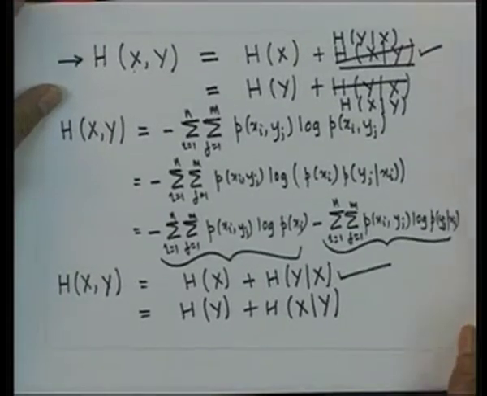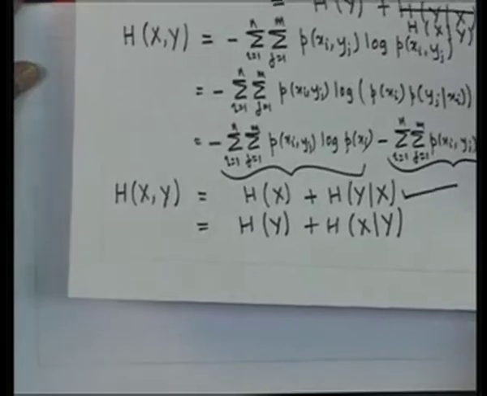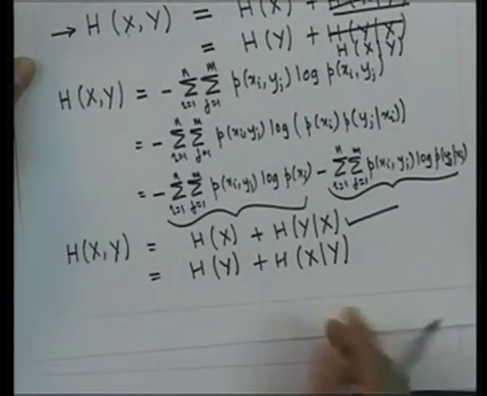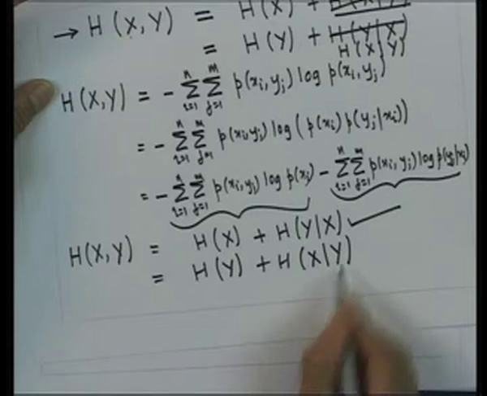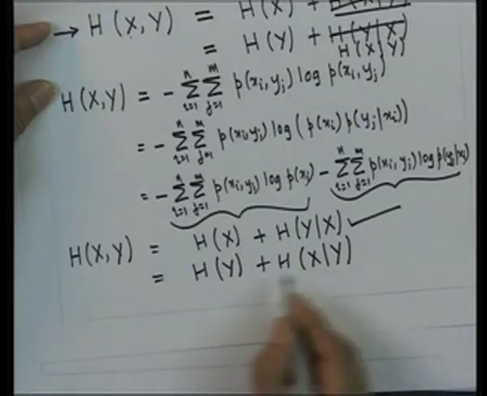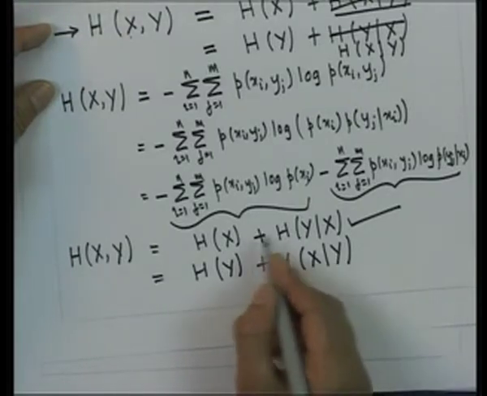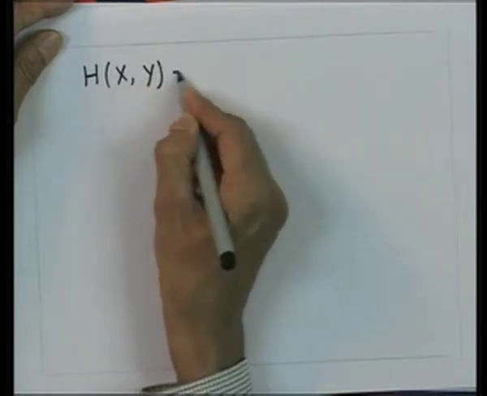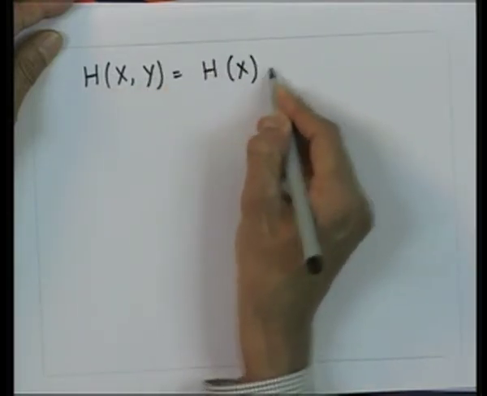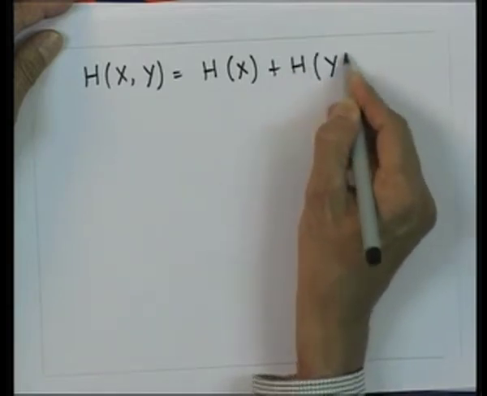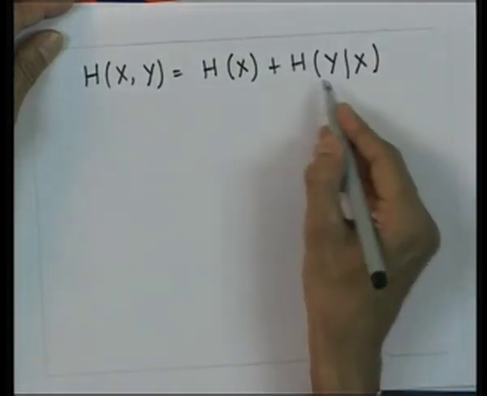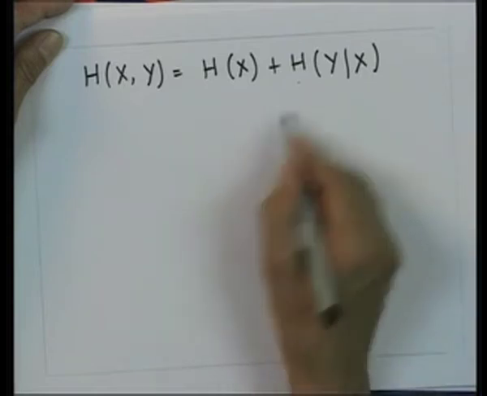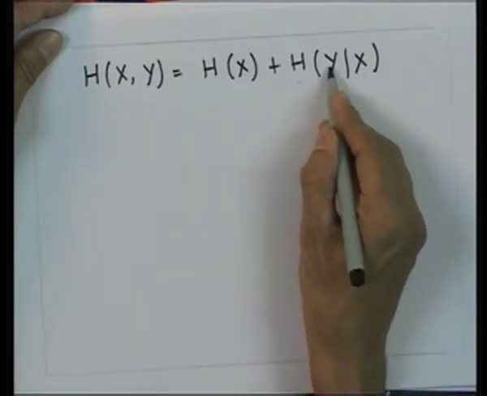Now, if you look at h of x y is equal to h of x plus h of y given x. We just proved that this quantity is always less than the information in y alone.